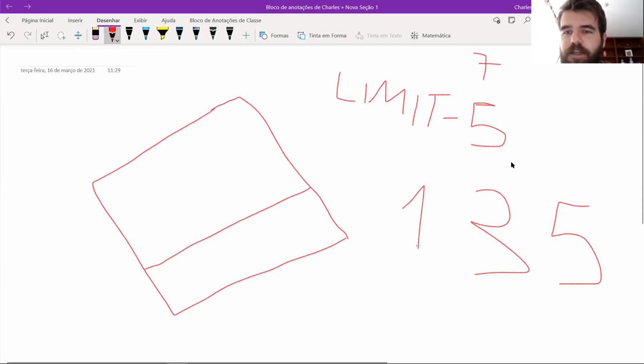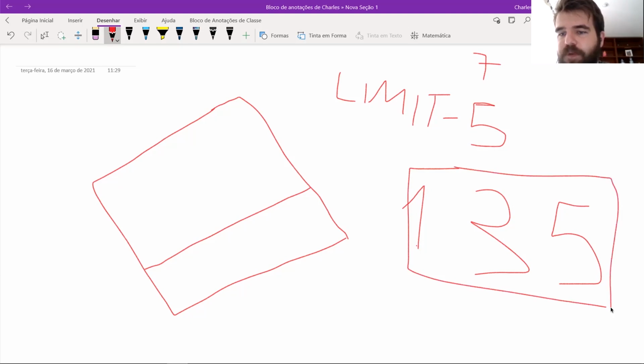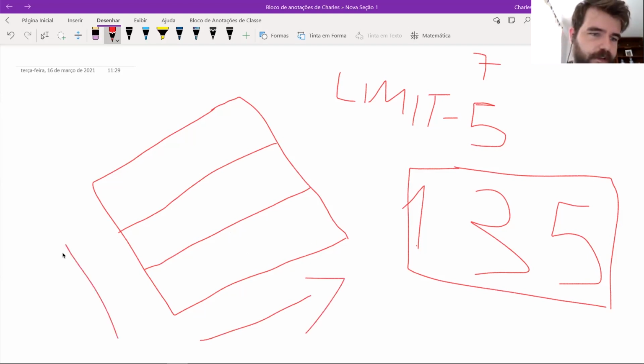In limit 5 we have three harmonics, so we need to draw 3 diagonals, from left to right and from right to left.